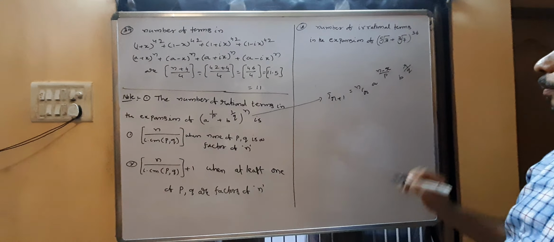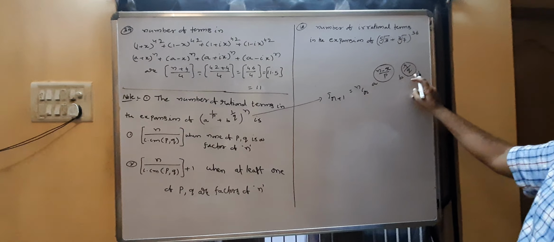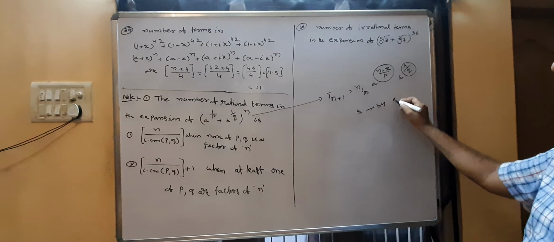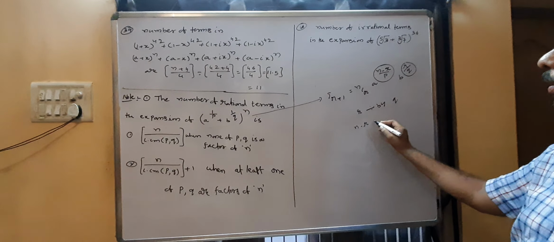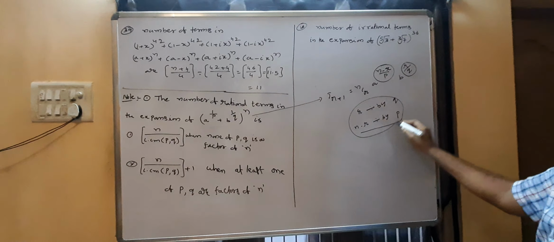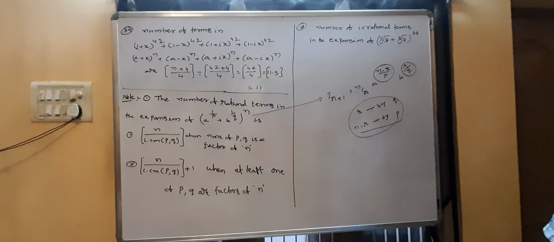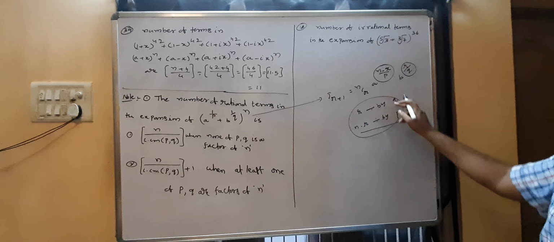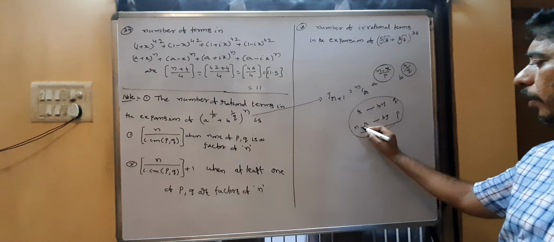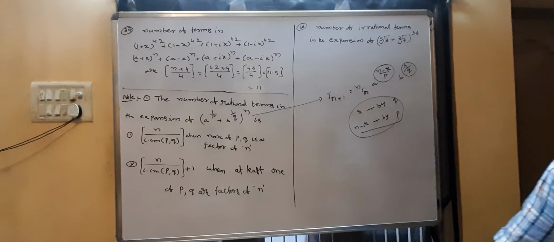So rational means compulsorily this is an integer, this is also an integer. Power integer means r must be divisible by q and n - r should be divisible by p. If both conditions are satisfied, then the term is rational. If any one condition is not satisfied, r not divisible by q or n - r not divisible by p, then the term is called irrational.